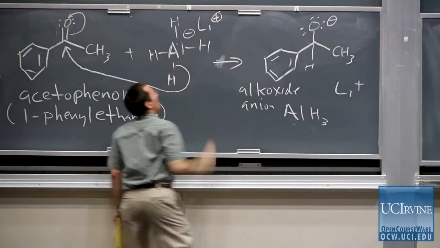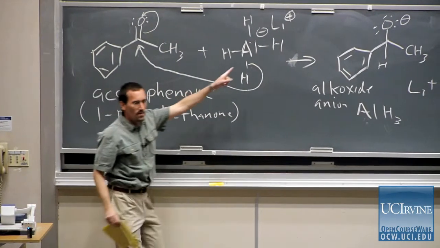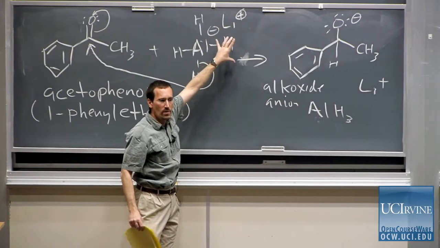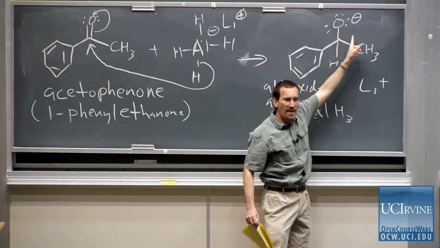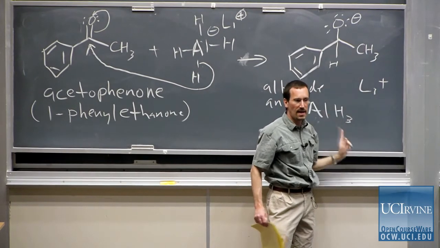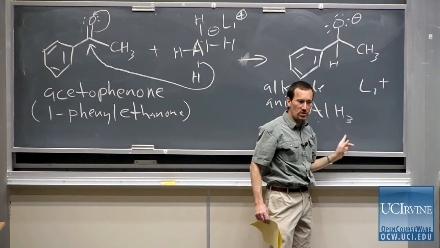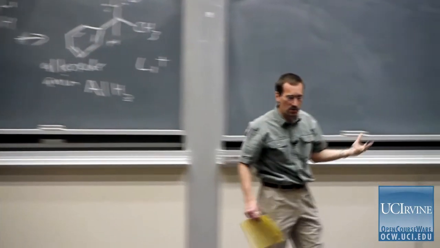So yes, our lithium aluminum hydride, we have a lithium cation, an aluminum hydride anion, that's our reagent. The aluminum hydride transfers its hydride. At the end, you have your lithium cation, your alkoxide anion, and AlH3, which, as I said, will typically bond to oxygen.